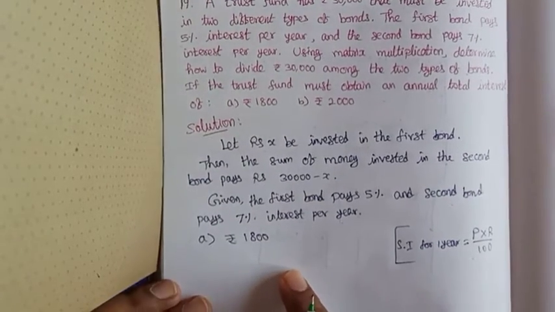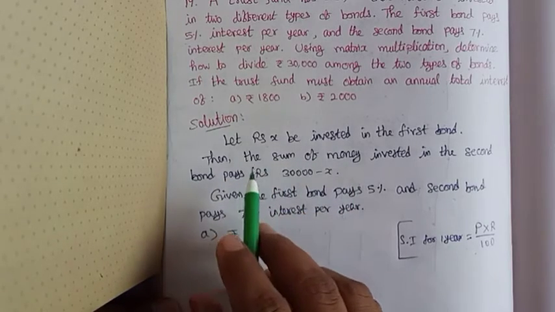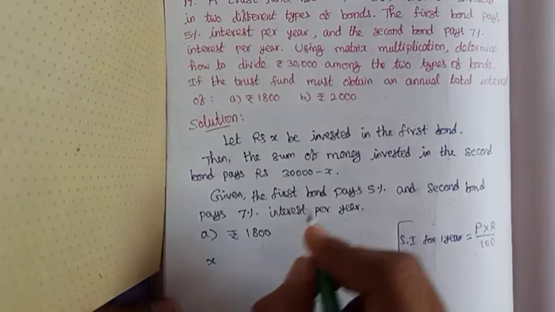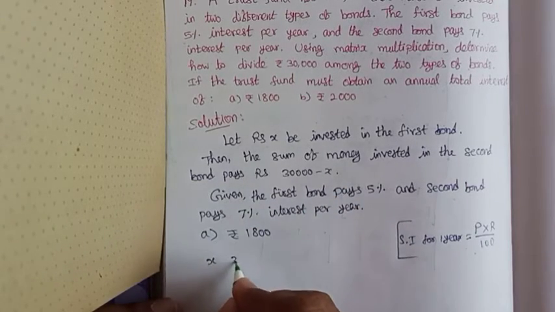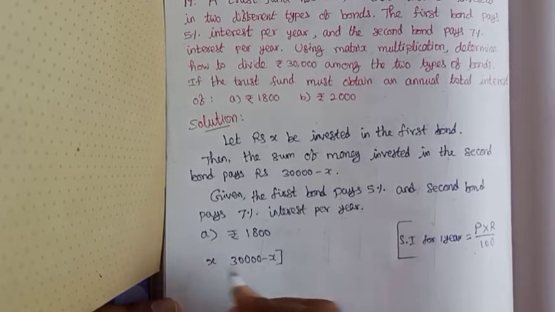Now take the matrix multiplication. Consider the first matrix as the row of the amounts of the bonds: the first bond x and the second bond 30,000 minus x.